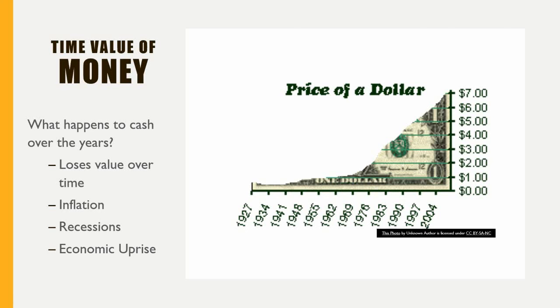Now, how is the change in value over time, like inflation or recessions, determined? Oftentimes, it's due to critical events that happen in the United States. When there's a depression, a recession, or even an economic uplifting, those usually determine whether money is pushed into the system or taken out of the system.